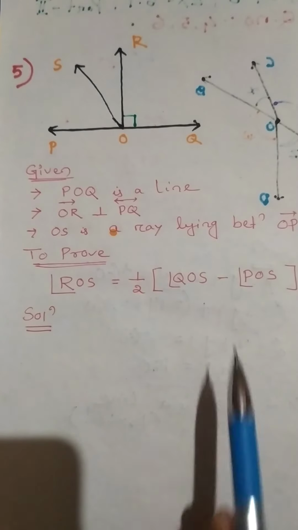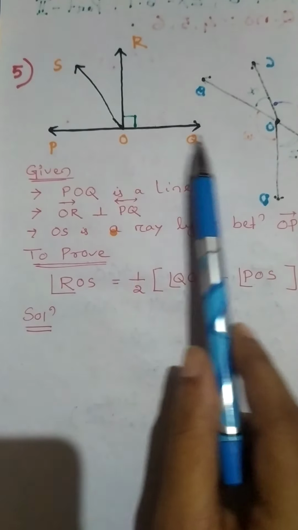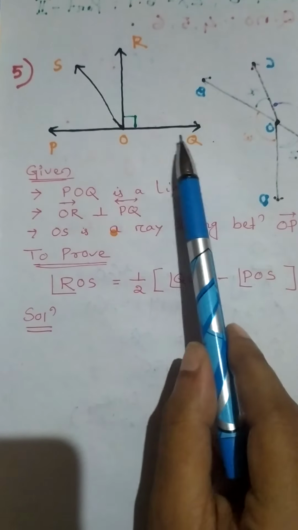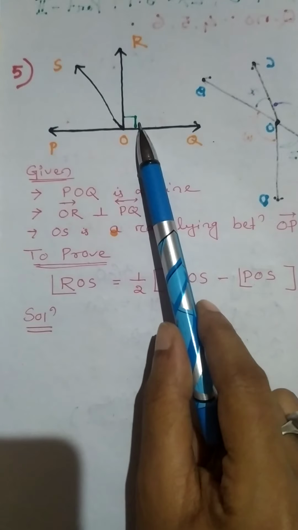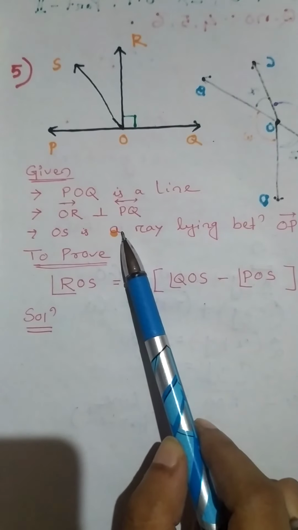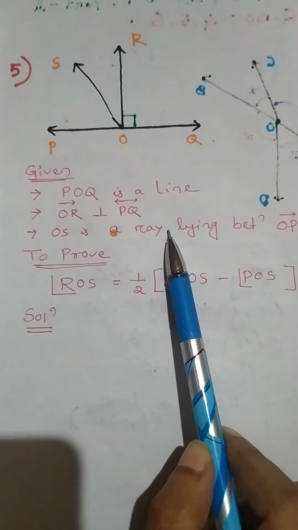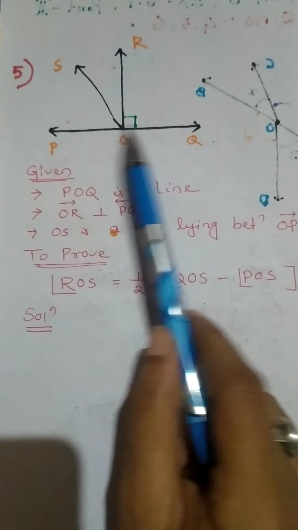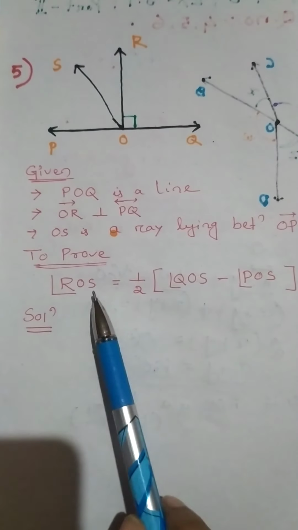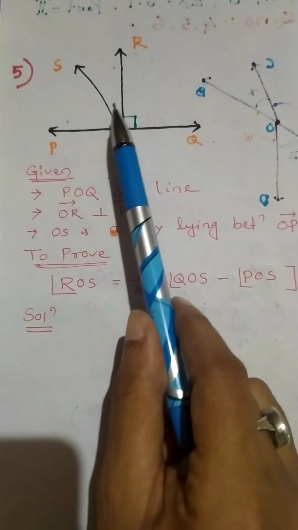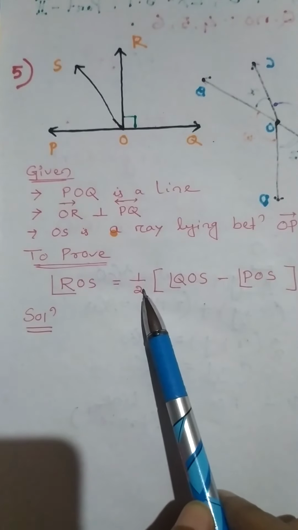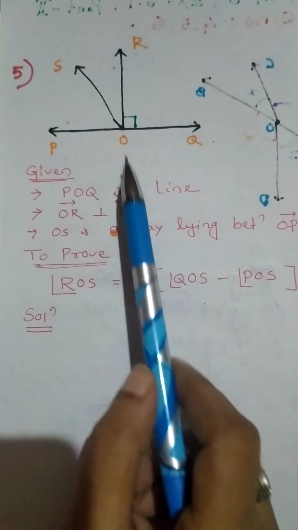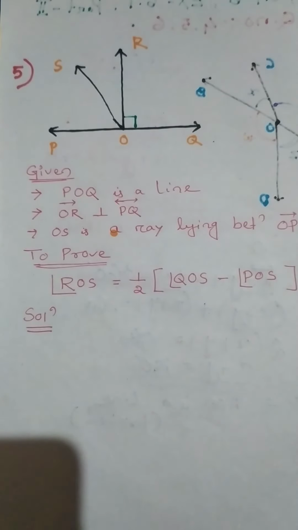Coming to question number 5, it is given that POQ is a line, OR perpendicular upon PQ, here it is creating 90 degree, and third given data is OS is a ray, it is a ray lying between OP and OR. What we need to prove is that ROS angle, this angle is equals to half of the difference between QOS and POS.